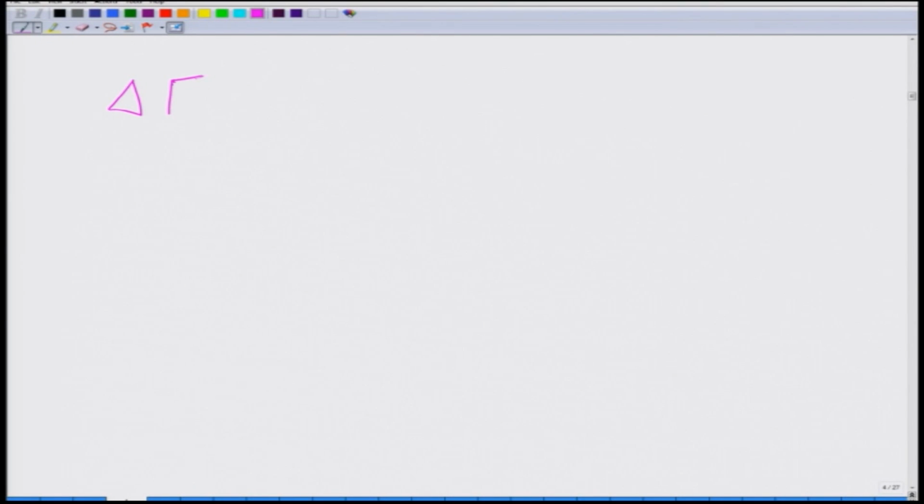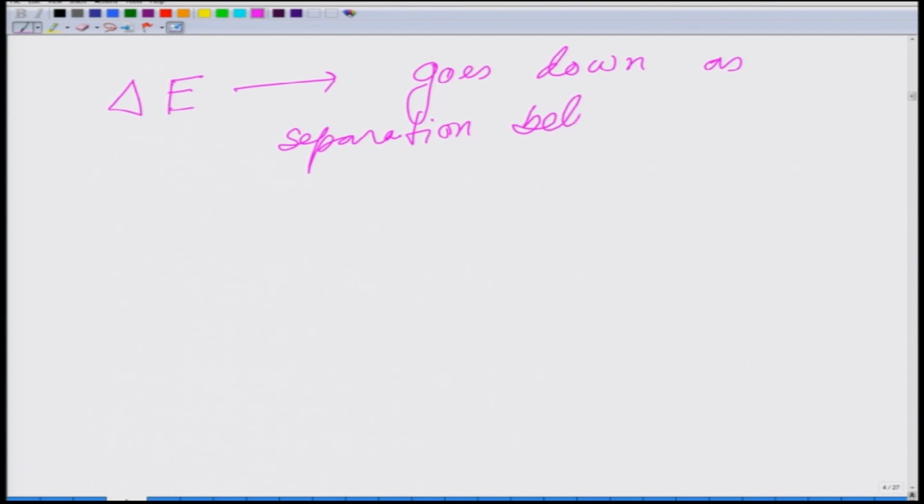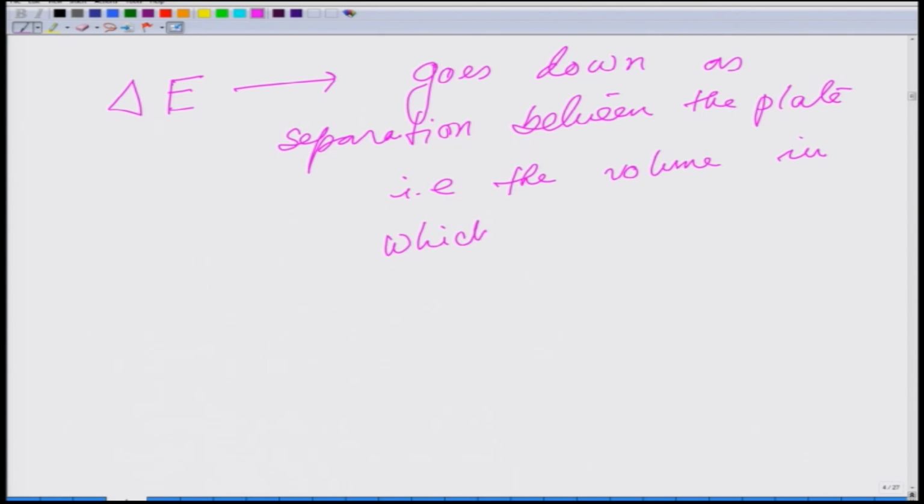You will see that delta E goes down as the separation between the plates, that is the volume in which E in equals 0, increases. You get the point. Now you see delta E decreases.